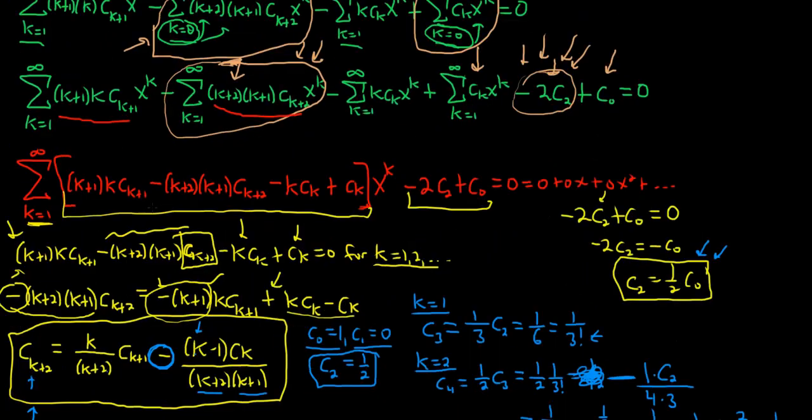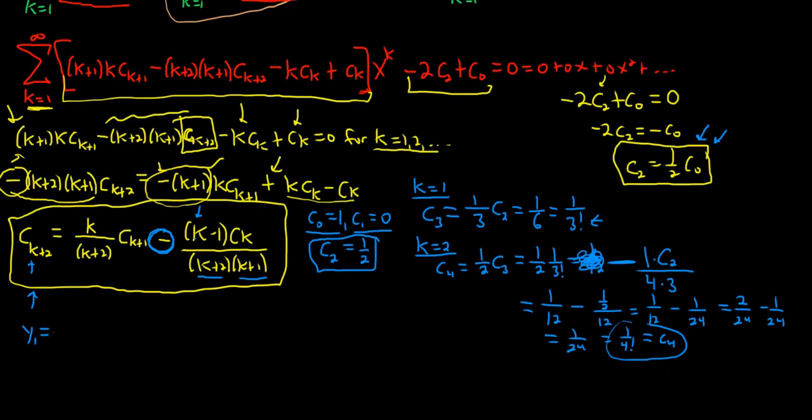So let's go ahead and carefully do that. This will be C0 plus C1x plus C2x squared plus C3x cubed plus C4x to the 4 plus dot dot dot. So C sub 0 is 1.